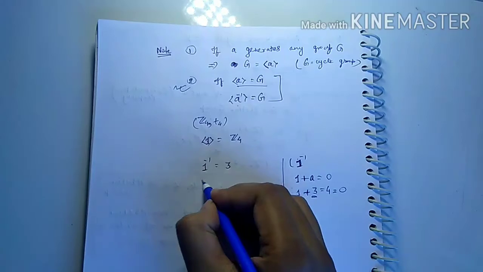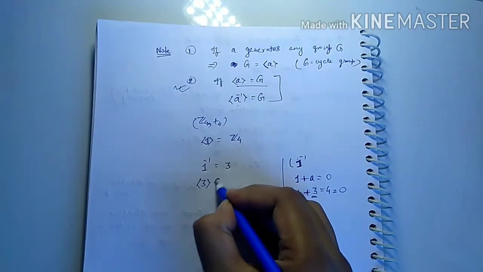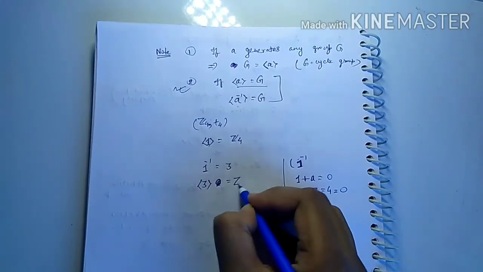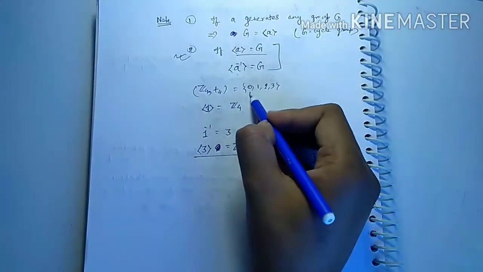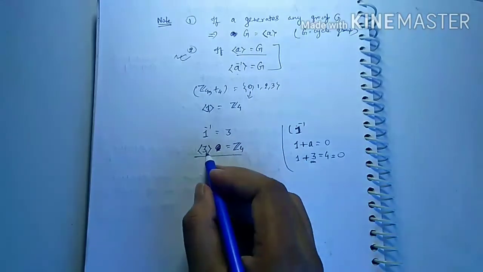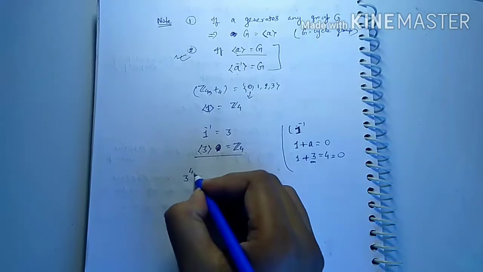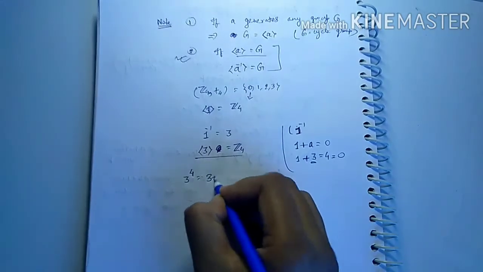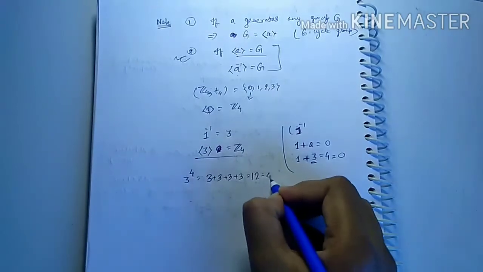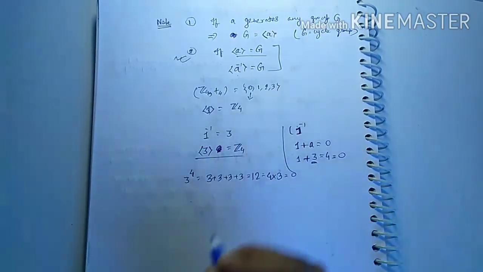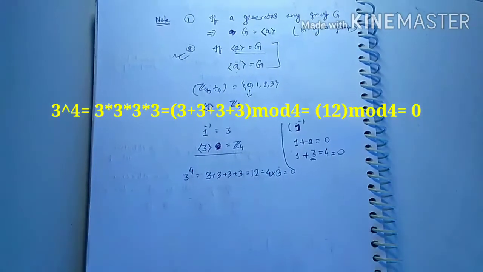So 3 also generates this group Z4. If we want to generate 0 from 3, then 3 raised to the power 4 is 3 plus 3 plus 3 plus 3, 4 times, it is 12, and it is 4 into 3, and it is 0 in this group, because a multiple of 4 is 0 in this group.